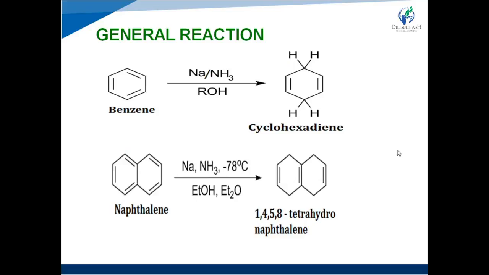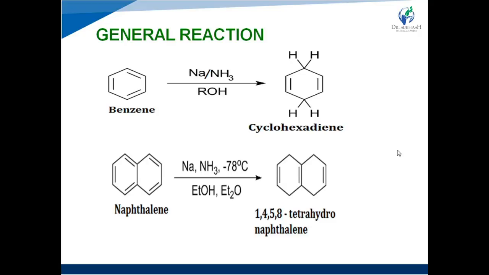See the general reaction. The given example is benzene. Benzene undergoes Birch reduction; the condition given is for the Birch reduction, sodium and ammonia in the presence of alcohol. Benzene undergoes Birch reduction and forms cyclohexadiene. See in the structure, at the first and fourth positions, the carbons undergo the reduction.